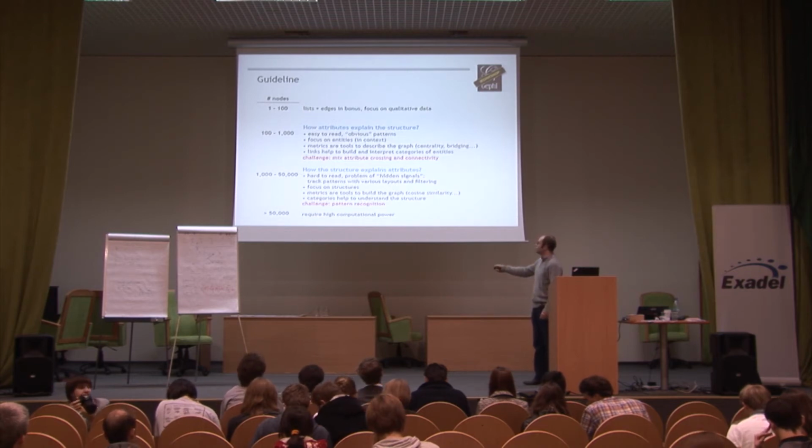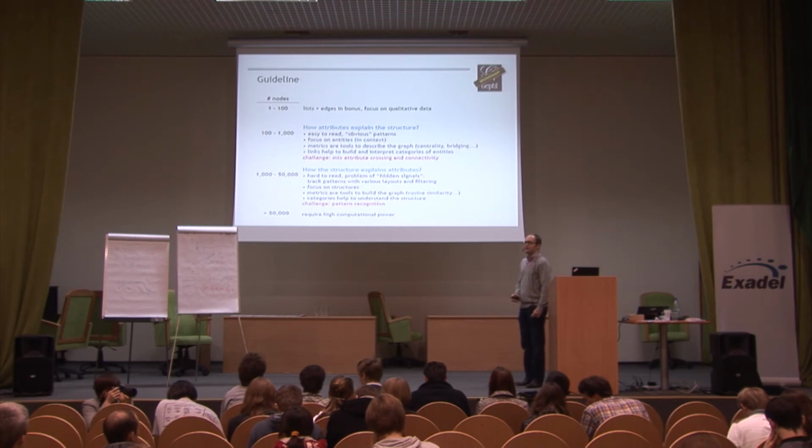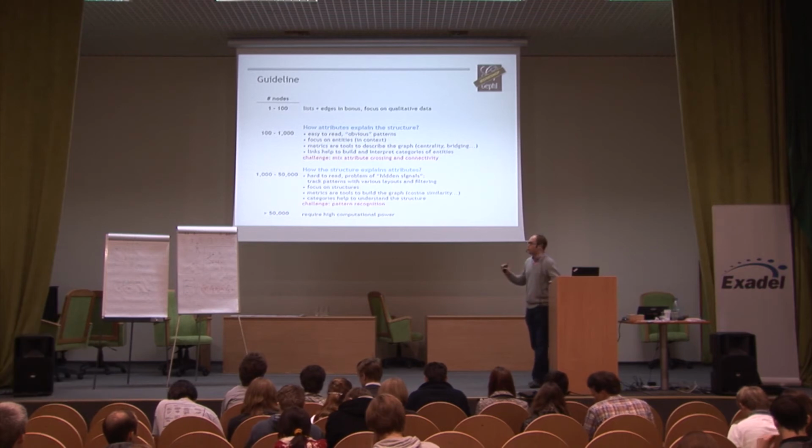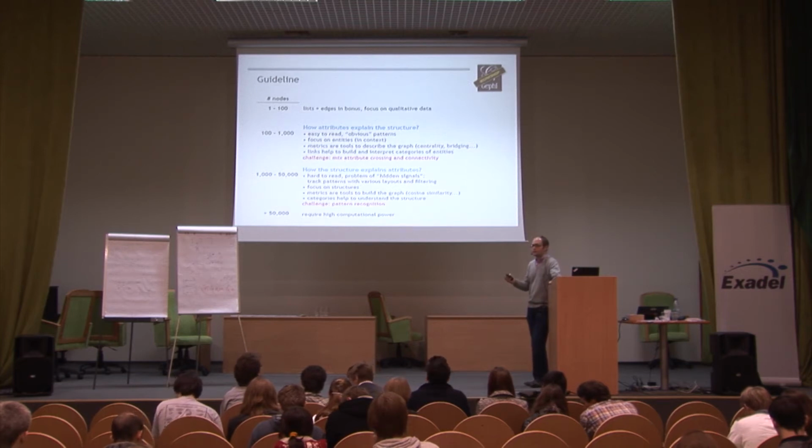The problem is that by increasing the size of the network, the structures start to be hard to read, and depending on the layout and the operations, you will find very different shapes, very different patterns. So here, it is more about how we can explain some particular attribute, some particular value based on the structure.